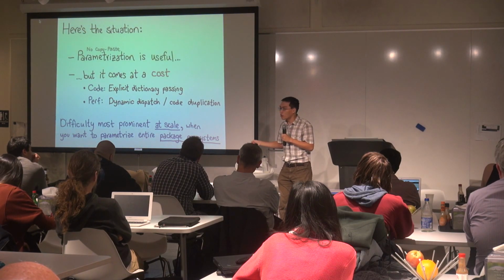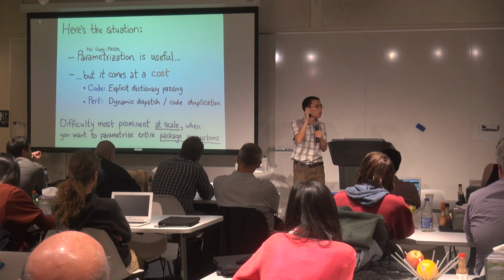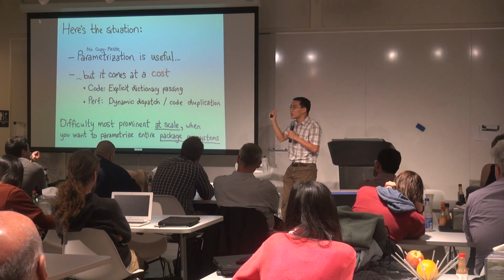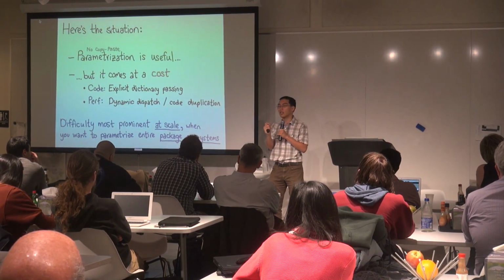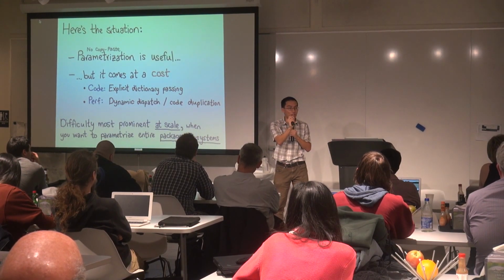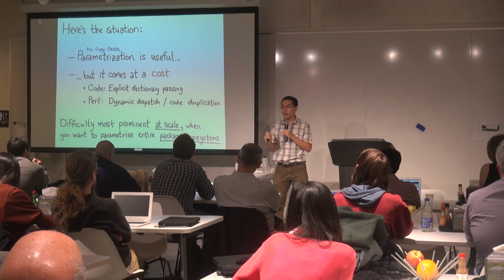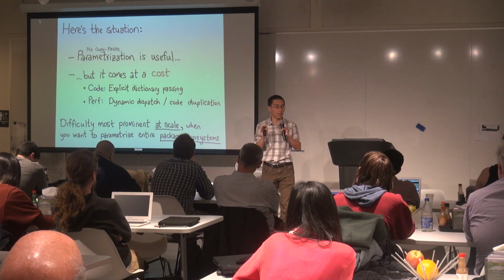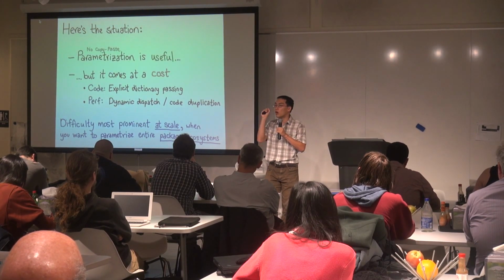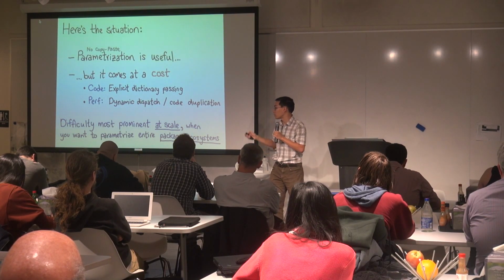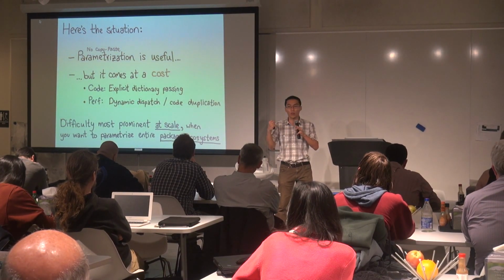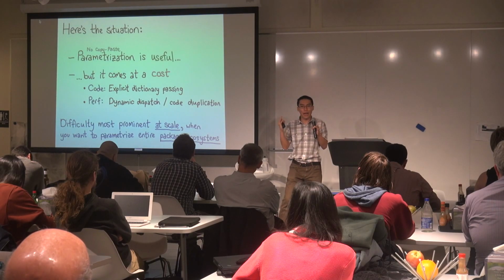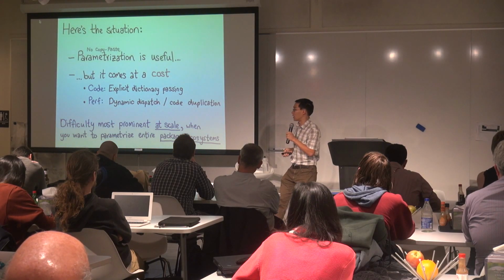And arguably, that's the point where you really do want some capability of parameterization, because features for modularity and encapsulation are not that useful when you're writing small programs. They're useful when you're writing large programs. So the inability to use these language features at the scale where they're most useful is a giant missed opportunity.